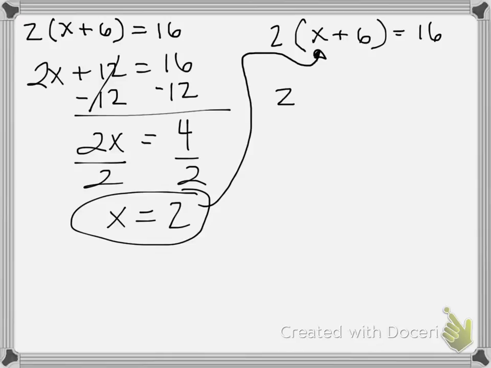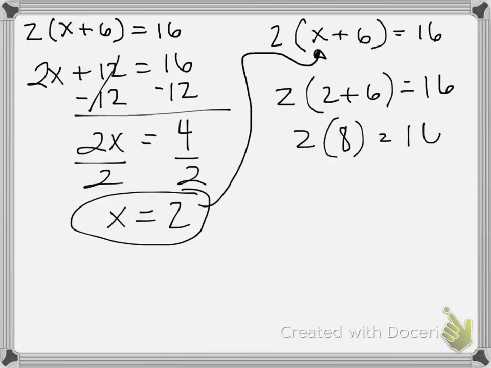So I'll have 2 times the quantity 2 plus 6, because I substituted that x value in, to equal 16. So I've got to do my parentheses first. 2 plus 6 is 8. So now I'm saying 2 times 8, and that's 16, and I had 16 on the other side, so this checks.